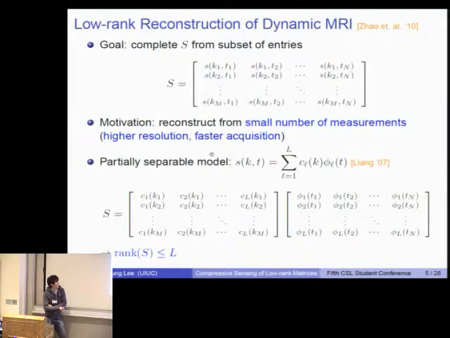If we apply this model, the matrix is factorized as an M by L matrix times an L by N matrix. The rank is bounded above by the number L. And Professor Liang suggested that for MRI applications, an L of 10 to 15 is enough for a good reconstruction. That means the matrix can be considered as low rank.